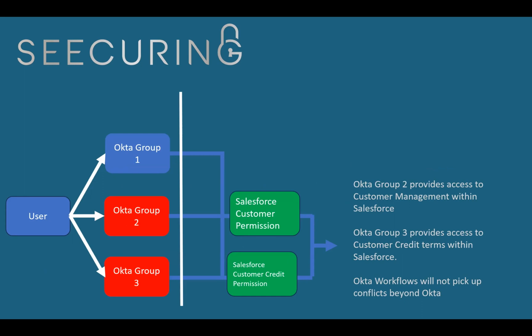But the issue is that Okta Group 2 provisions a user into Salesforce and gives them the customer maintenance permission, right? So with Group 2, I can sign into Salesforce and now I can maintain customers, okay? And Group 3 gives me access to Salesforce and gives me access to customer credit.